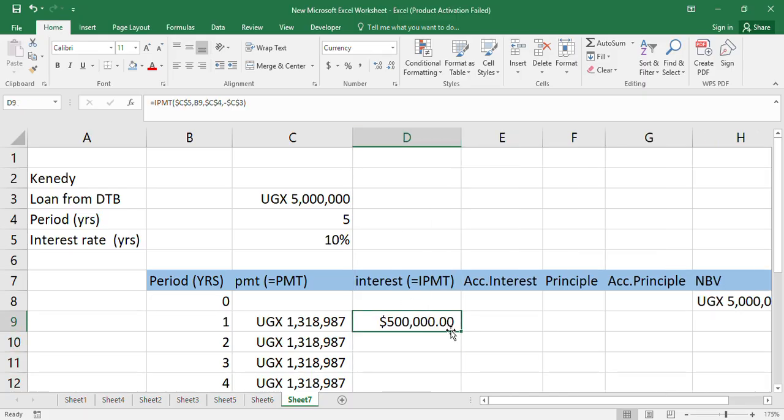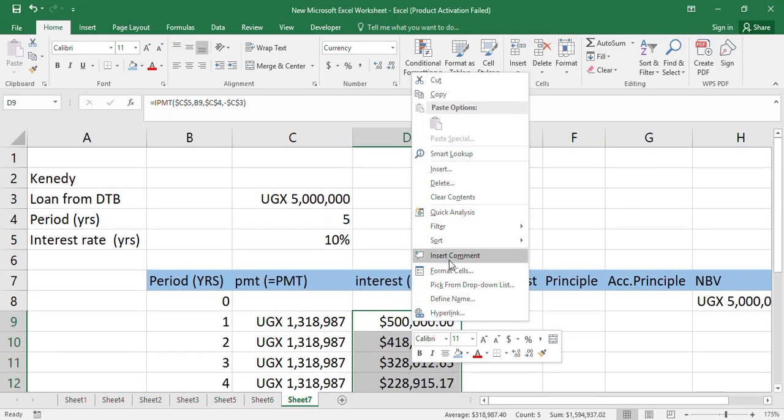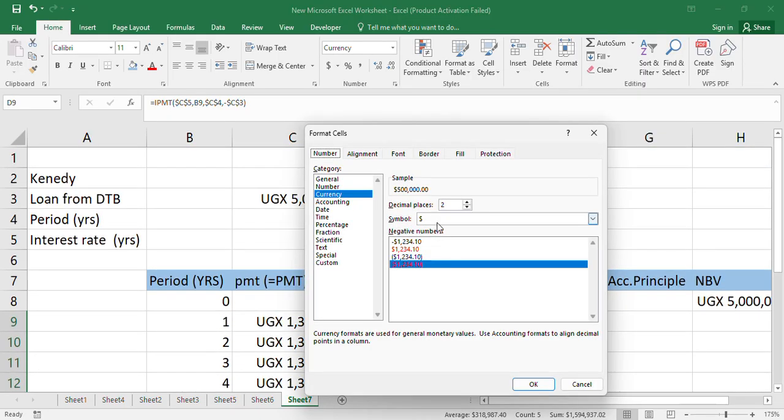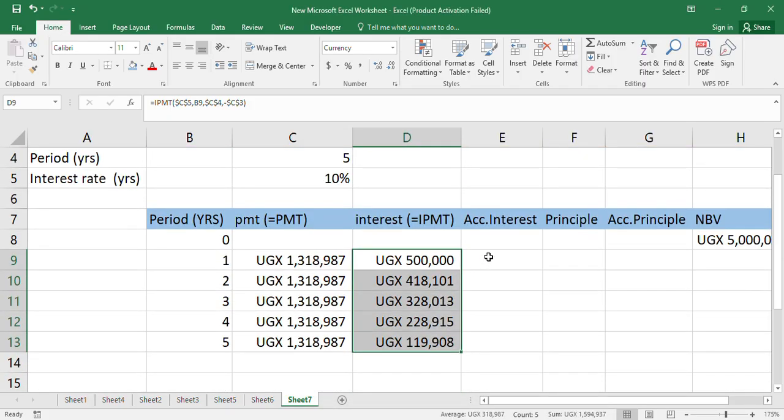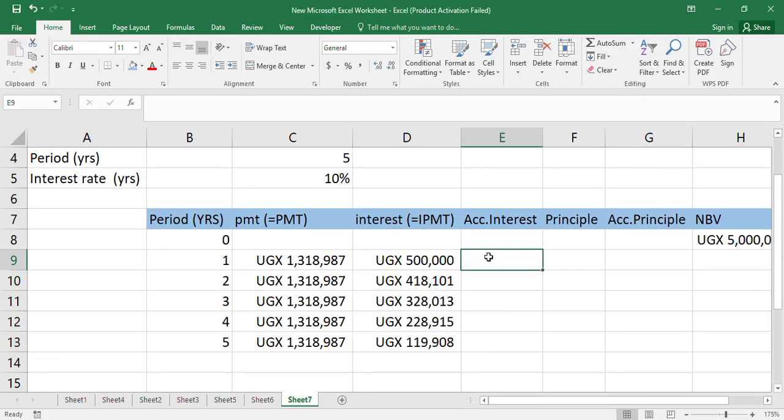Then we shall autofill, but we also need to format these cells. Go to UGX and put 0 decimal places. Then we shall have the accumulated interest.